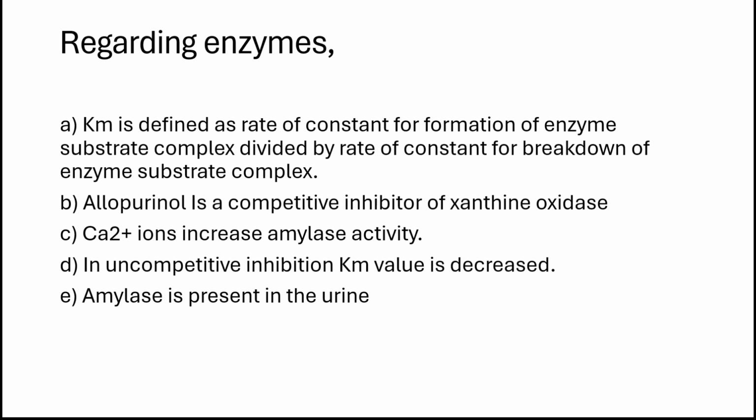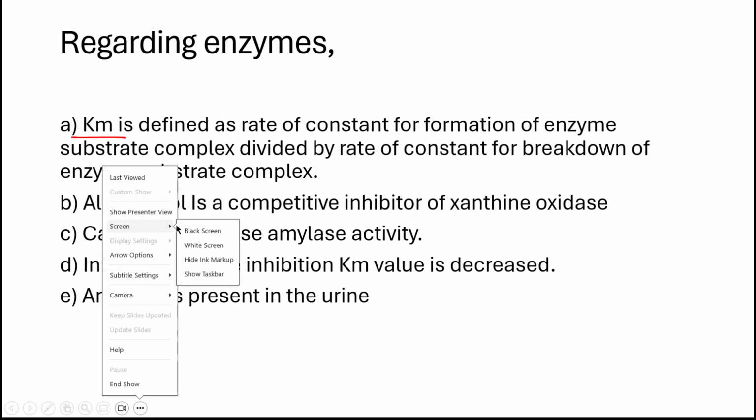The first MCQ is about enzymes. So the statement here, what they try to illustrate is about Km. Now, before doing anything, just try to bring up the fact of what Km means. By definition, we know that Km is something to do with the affinity.